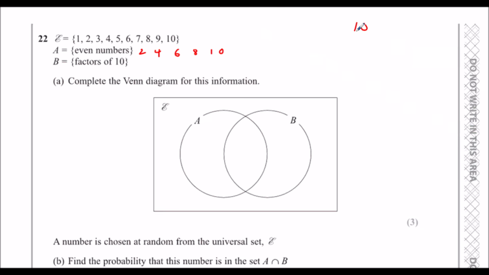So 10 is either 1 times 10 or 2 times 5. There are no other factors of 10, no other numbers that multiply to make 10. So B is 1, 2, 5, and 10. So in the middle are the numbers in both of them. They've both got a 2 and a 10. And then A has also got 4, 6, and 8.